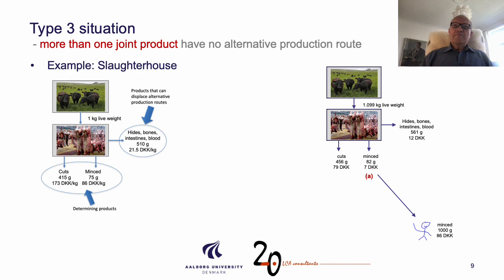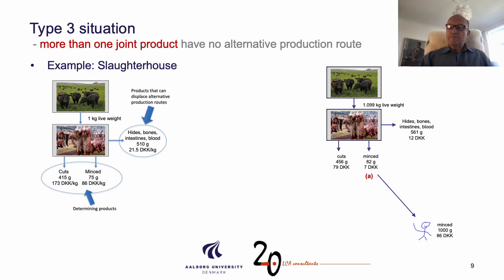But since the cuts are so much more valuable, out of the total amount of outputs of determining products at 86 Danish kroners, the minced meat is actually only 7 Danish kroners. So we only get 82 grams of minced meat from this additional demand.